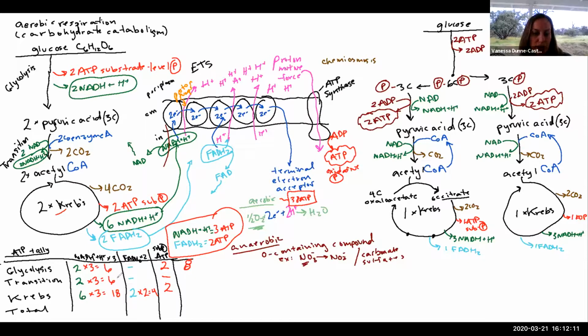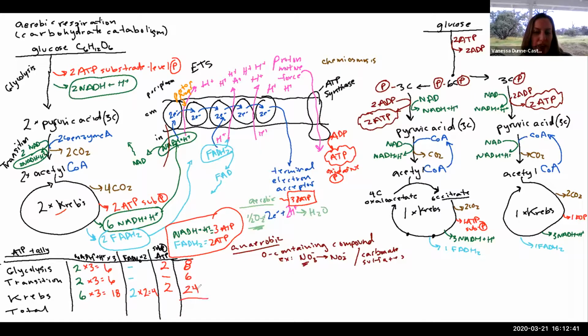For the transition step, there's only reduced electron carriers here, so the potential energy is 6 molecules of ATP through oxidative phosphorylation downstream. And then for Krebs cycle, the majority of the energy is potential energy that can be generated in oxidative phosphorylation, so 18 plus 4, 22 plus 2 that are already made through substrate level phosphorylation, that's 24 here.